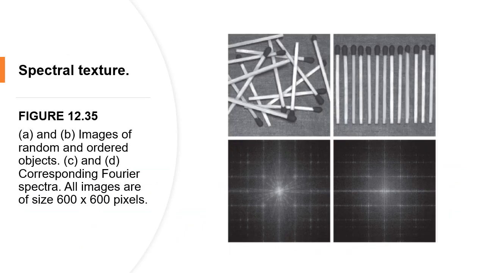This is a different way of characterizing the object. In this case, one is arranged in a regular texture, the other one is almost random, and their appearance in the frequency domain is also different. So basically it means that we could measure the texture either in the spatial domain like we have done before, or in the frequency domain like it is shown in this picture.